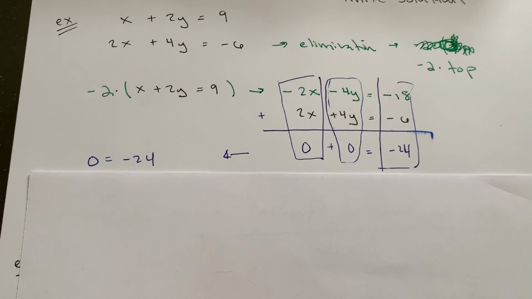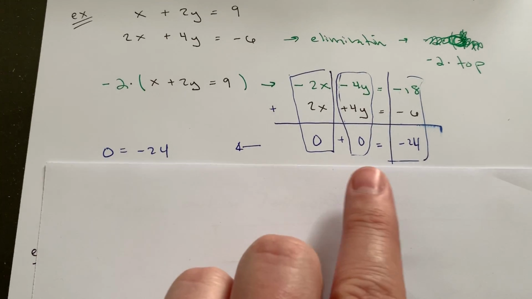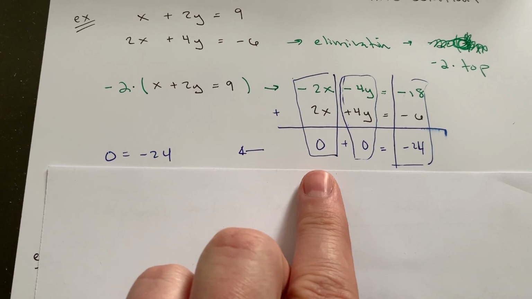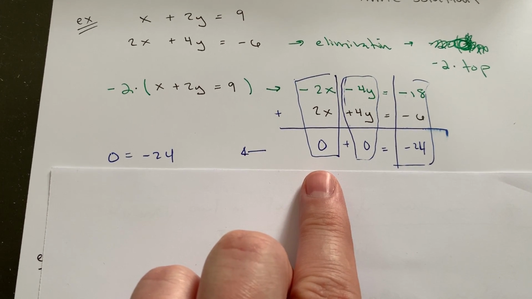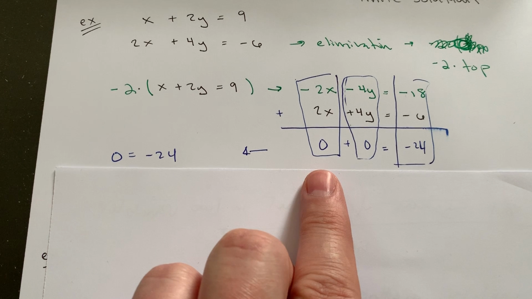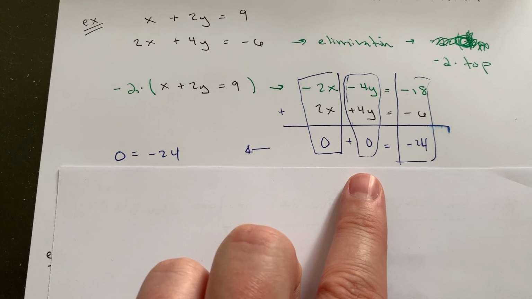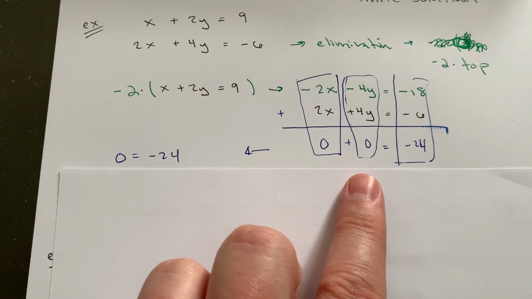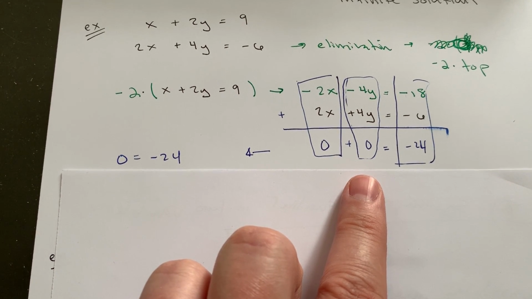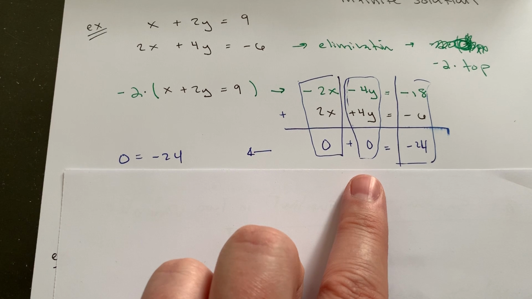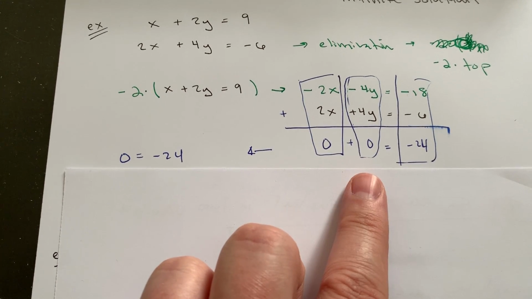And lo and behold, what happens on purpose, I was trying to cancel the x values. So -2x plus 2x is 0. Those are done. But as an unforeseen consequence, the y values also cancel out. So -4y plus 4y also wipes down to 0.